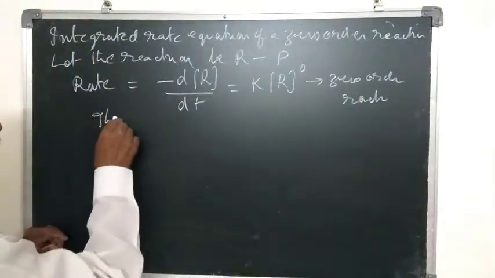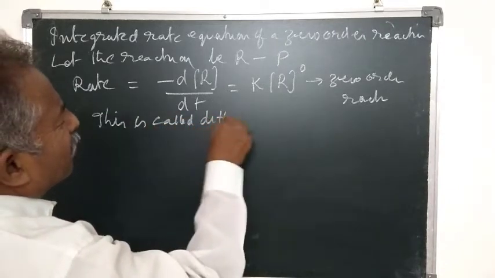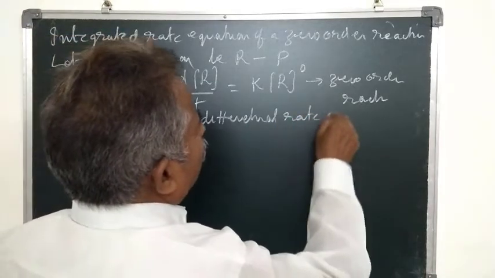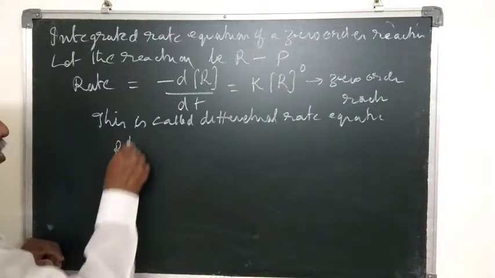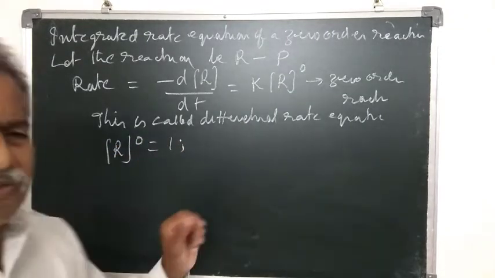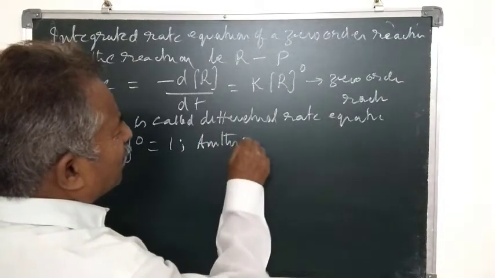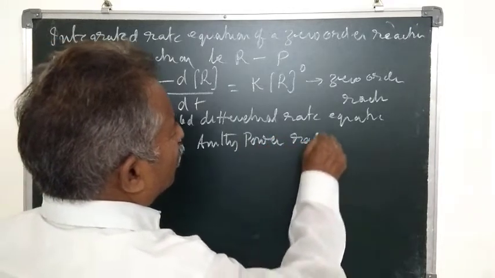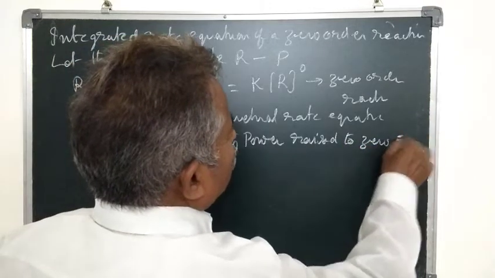This is called the differential rate equation. And of course we know that anything raised to the power 0 is 1.